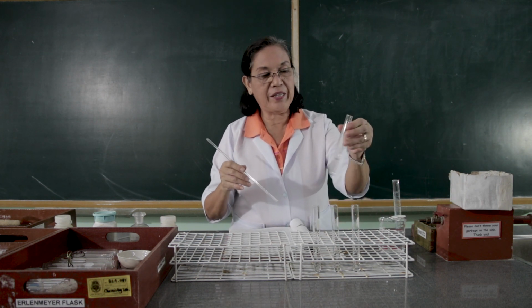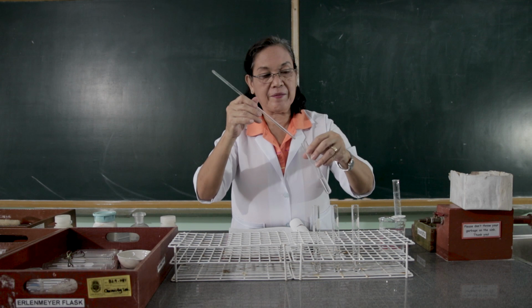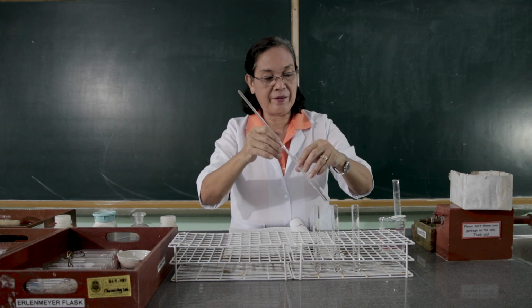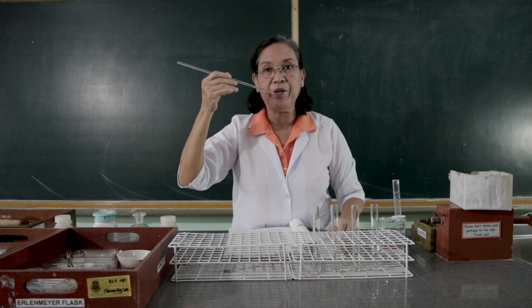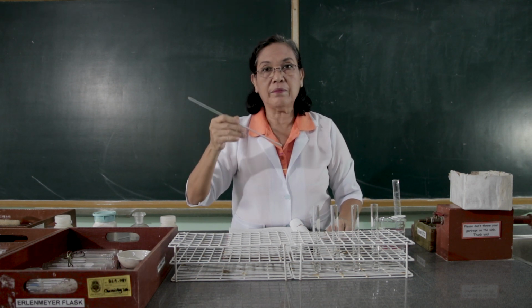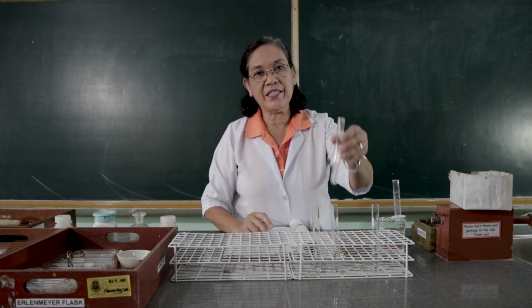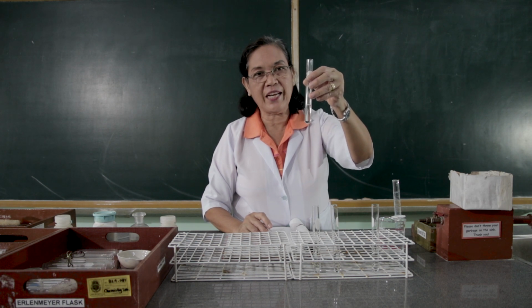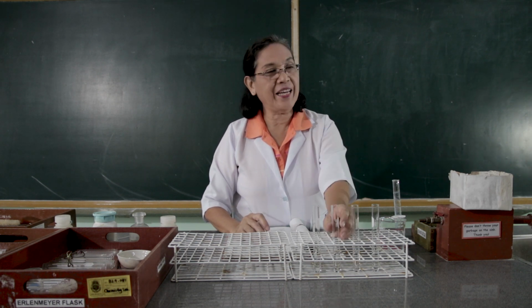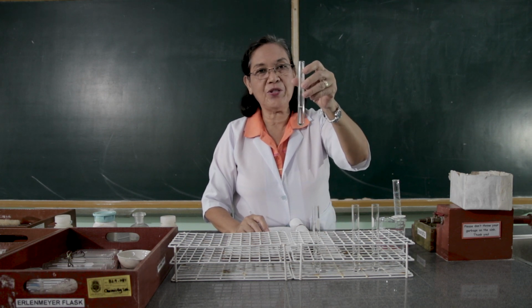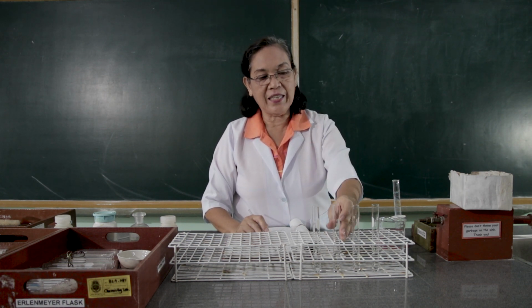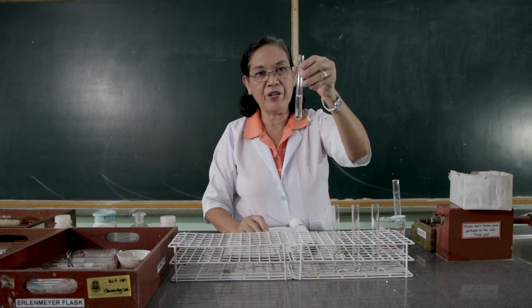So let's do it this way. When you taste it, you're going to place it at the tip of your tongue. Likewise, we're going also to taste the second acid, which is acetic acid. How does it taste? Then we are going to taste also the sodium hydroxide as well as the ammonium hydroxide.